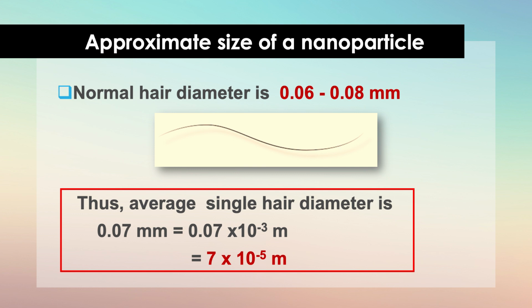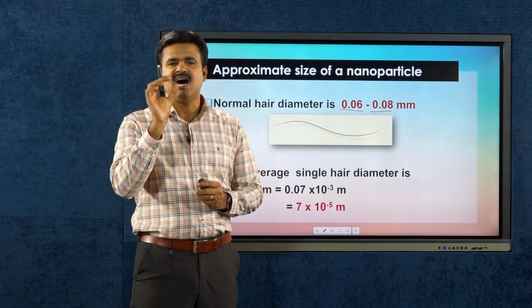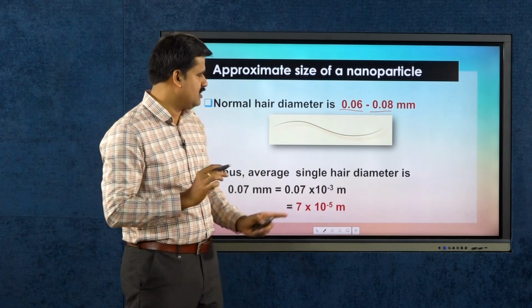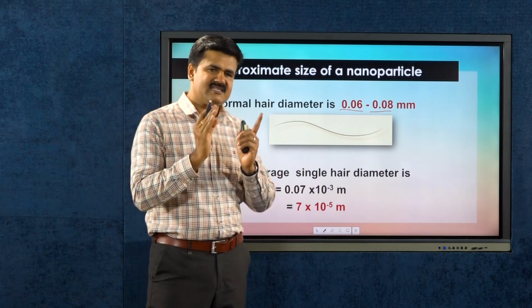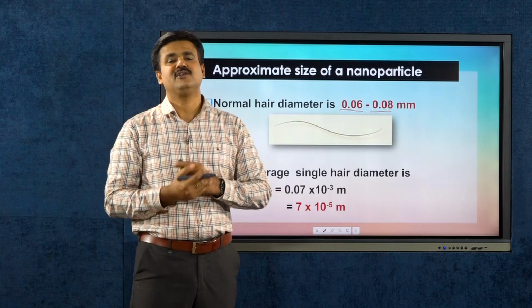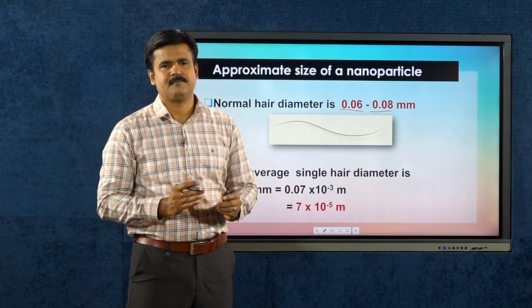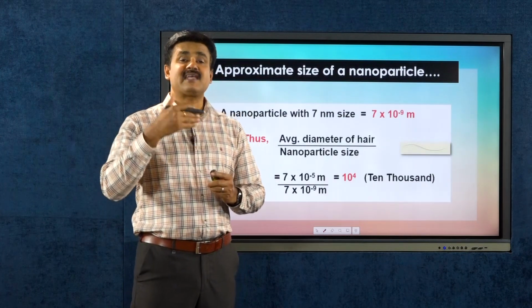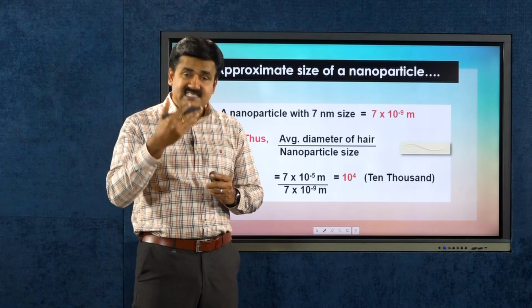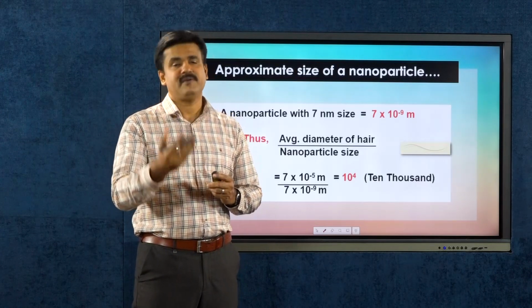When converted into meter, you will get 0.07 into 10 raised to minus 3 meter, or simply 7 into 10 raised to minus 5 meter. So, average hair diameter is fixed as 7 into 10 raised to minus 5 meter. Now, we can make a comparison of this hair with a nanoparticle.